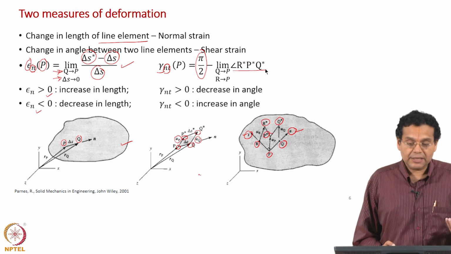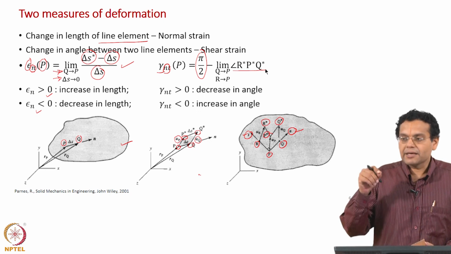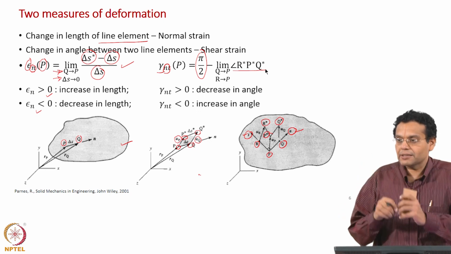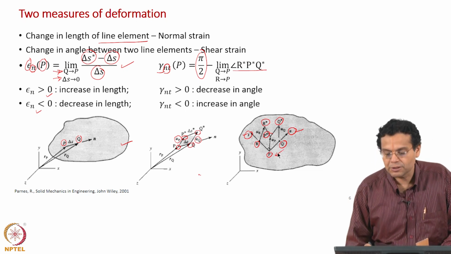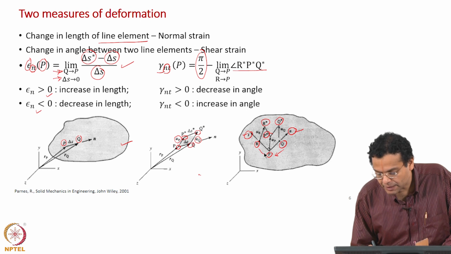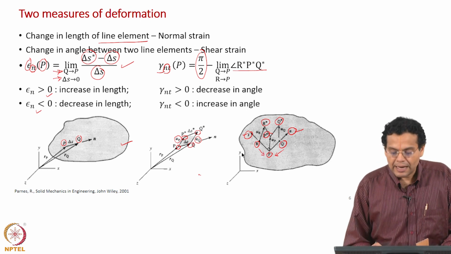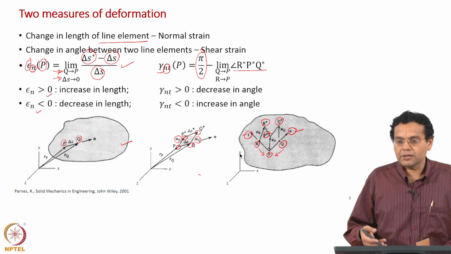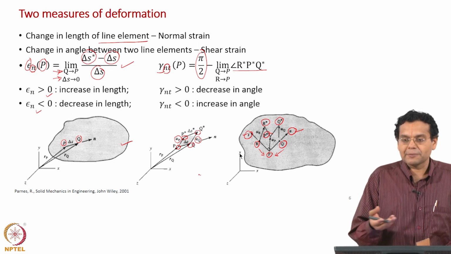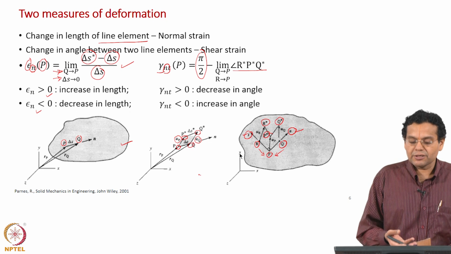As we have discussed for the case of normal strain, I need definition of shear strain at a point. So, Q should become as close as possible to P, R should become as close as possible to P, and this change in the limit of Q tending to P, R tending to P is your definition of shear strain. Of course, pi by 2 is just a constant.